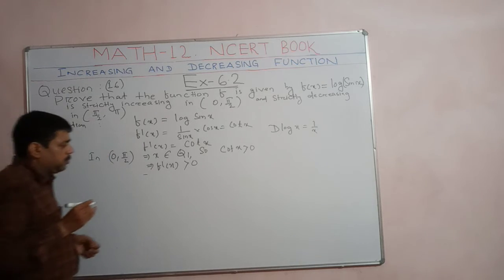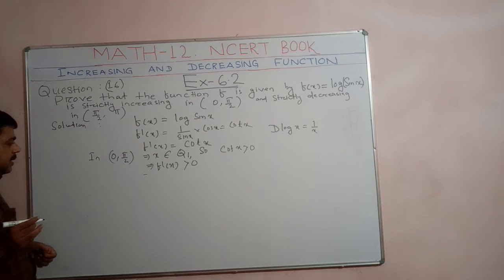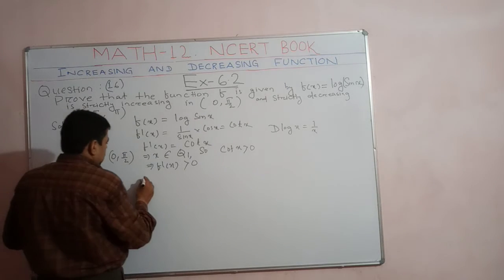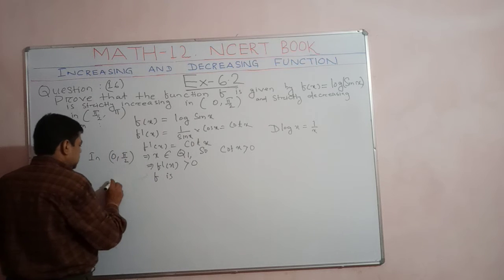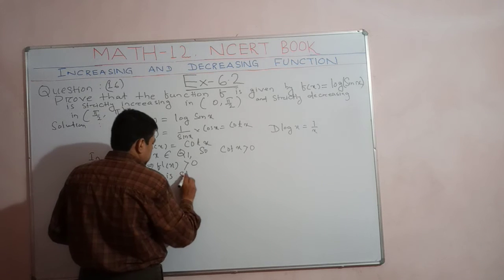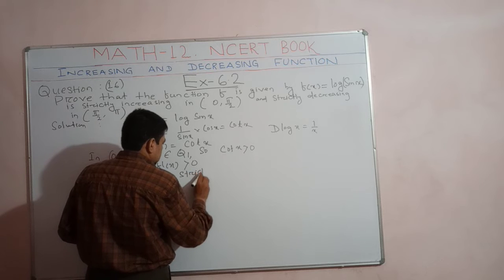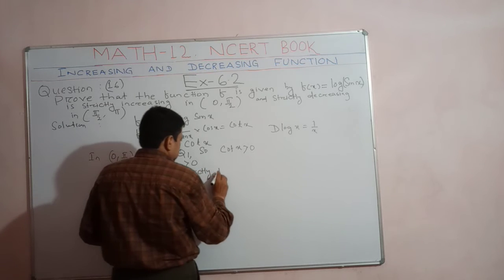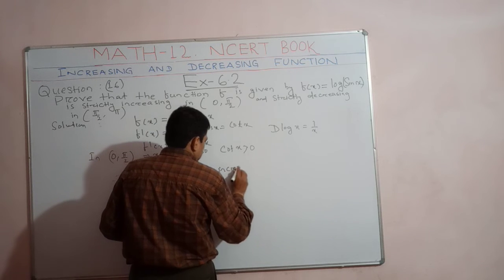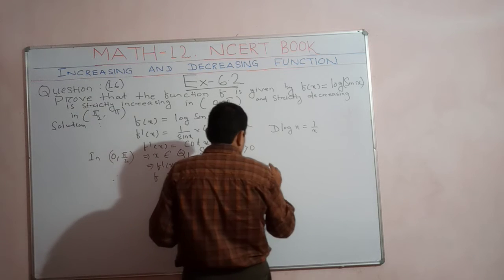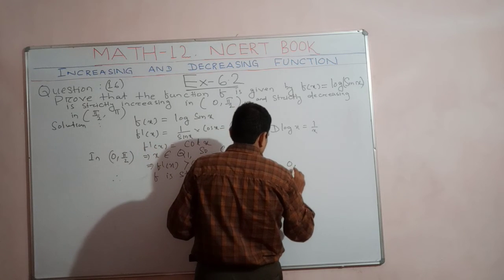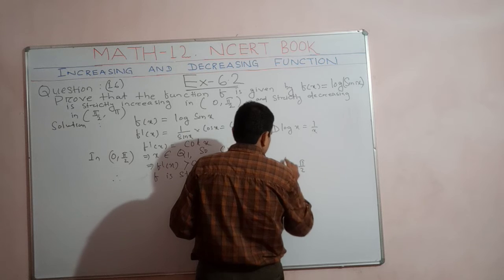Since the slope of the function is greater than 0, hence f is strictly increasing in the open interval 0 to pi upon 2. First point understood.